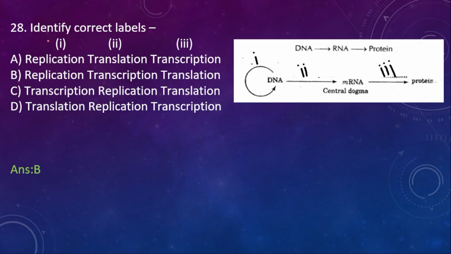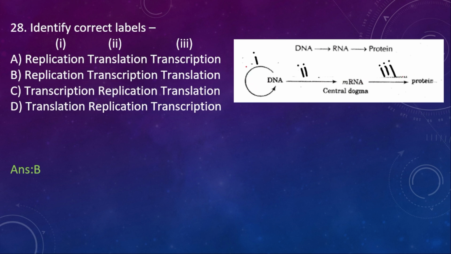Next, 28. Identify the correct labels. This is 1, this one is 2, this one is 3. If DNA is giving DNA, it is called replication. From the DNA, RNA, especially mRNA, is forming, which is called transcription, and mRNA giving protein is called translation.